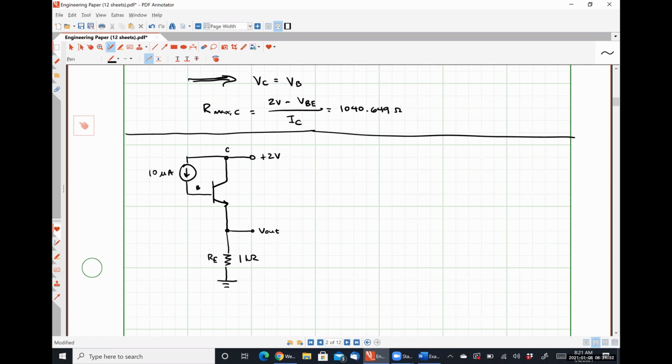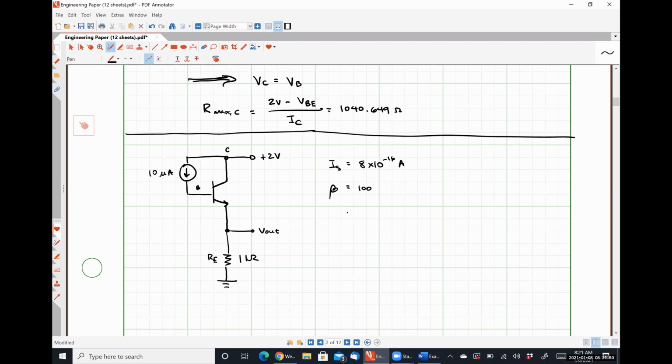In this circuit, we are given IS is 8 times 10 to the minus 16 amps and beta is equal to 100.